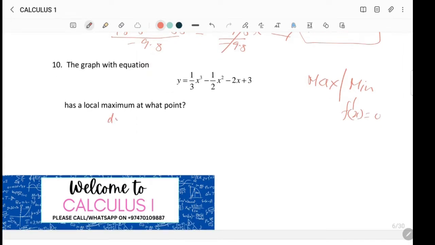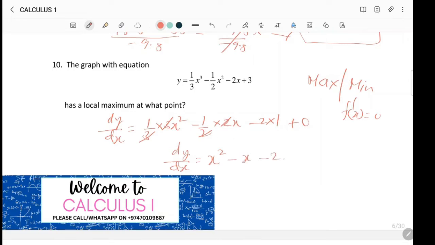So first of all, we need to find dy by dx: 1 over 3 times 3x square, minus half times the differentiation of x square, which is 2x, and minus 2x differentiation is minus 2 times 1, and 3 differentiation is 0. The 3 cancels, the 2 cancels. So dy by dx we get x square from here, minus x from here, and minus 2 from here, right? So we got dy by dx.